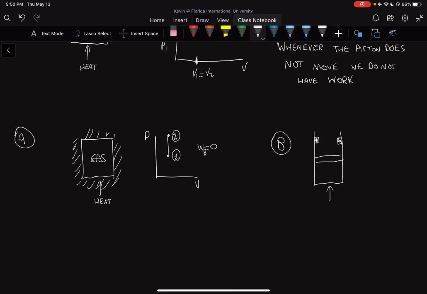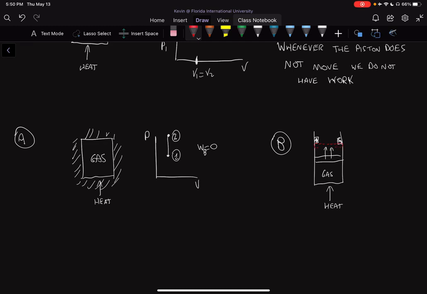We're going to add some heat to the gas, and by adding heat, the piston is going to start moving up until it reaches the stops. Once it reaches the stops, the piston is going to be stuck there.